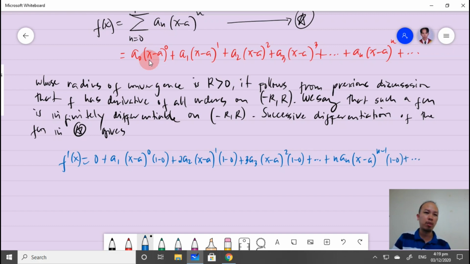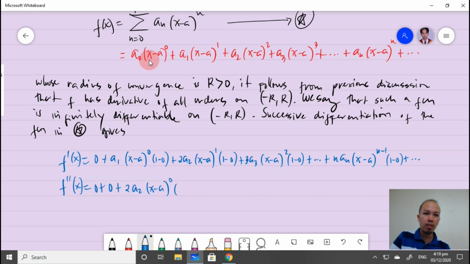Now if we get the second derivative, we take the derivative of the first derivative. The derivative of 0 is 0, plus the derivative of the second term is 0, plus the third term, 2a sub 2 (x minus a) to the power of 0.